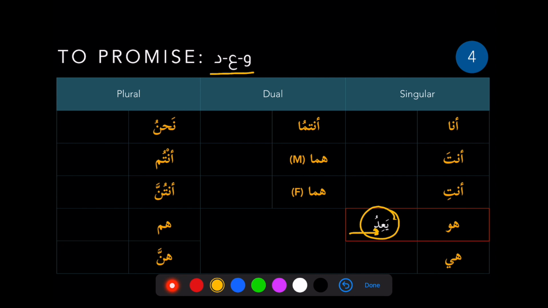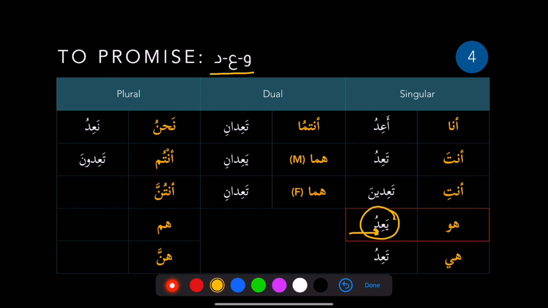From here we can derive the rest almost as if this was a sound verb. We have ana a'idu, anta ta'idu, anti ta'idina, huwa ya'idu, hiya ta'idu, antuma ta'idan, huma masculine ya'idan, huma feminine ta'idan, nahnu na'idu, antum ta'idun, antunna ta'idna, hum ya'idun, hunna ya'idna.